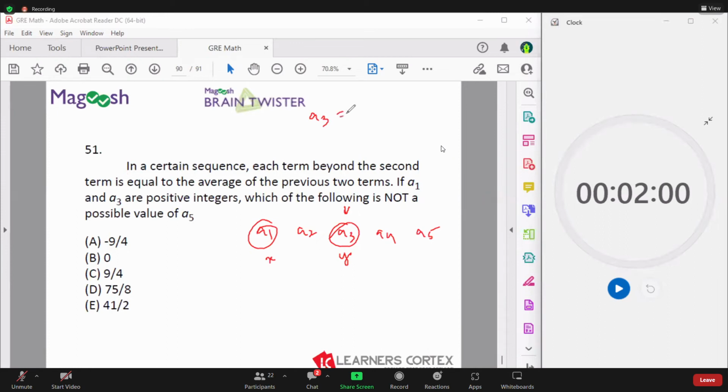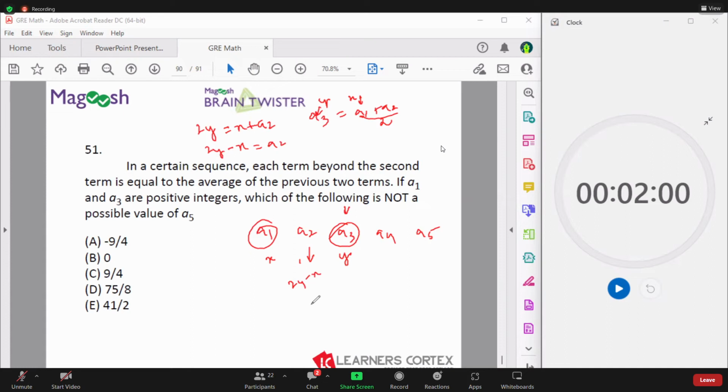So A3 is A1 plus A2 over 2. Now A1 is X, A3 is Y. So 2Y equals X plus A2, or 2Y minus X equals A2.